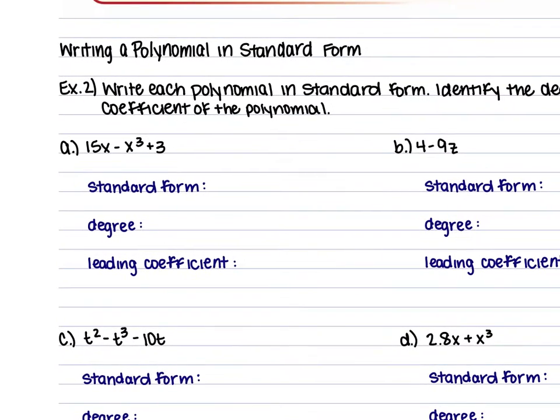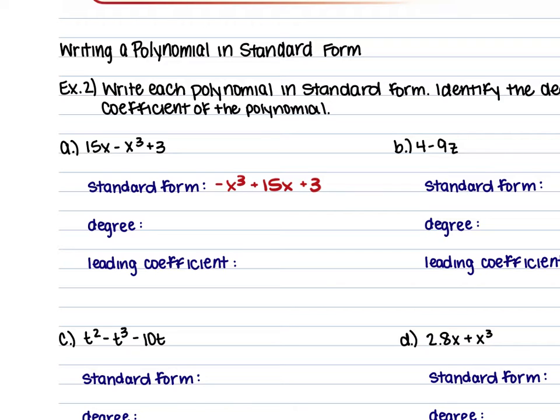So if we look at example A, we have 15x minus x cubed plus 3. If we put this in standard form, the term with the highest power comes first. So that would be the negative x cubed. You'll realize the sign that's in front of the term stays with the term. So from there, we would have a 15x, which is positive, so that's plus 15x, and the 3, so that's plus 3.